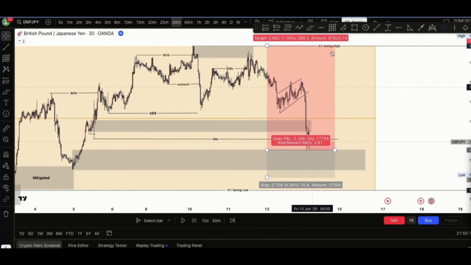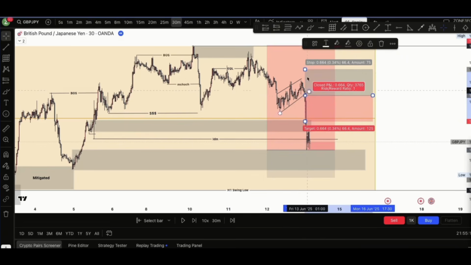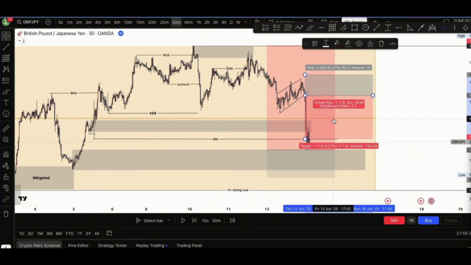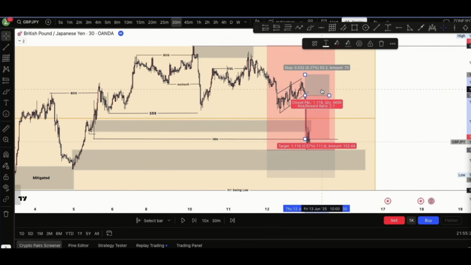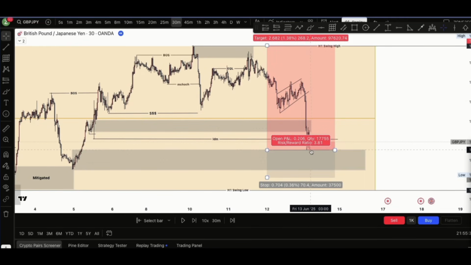So when it broke here and then retested, I took this trade from here. I added position and targeted here 1:2. And then NFP came and swept them, tapped at the exact points.